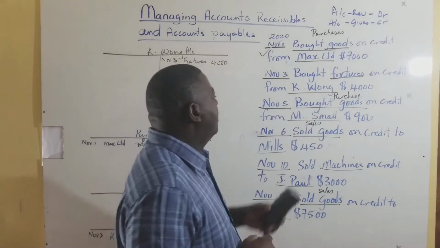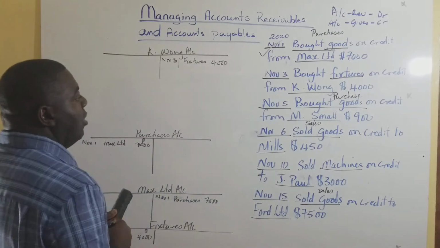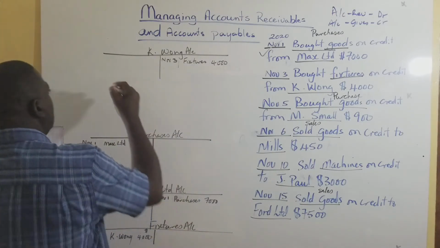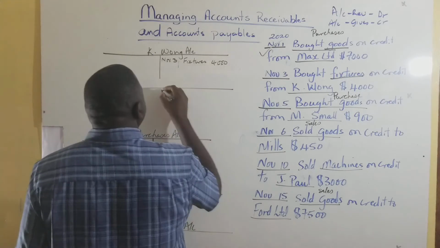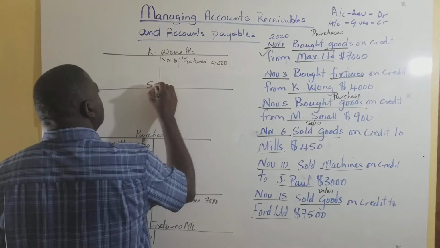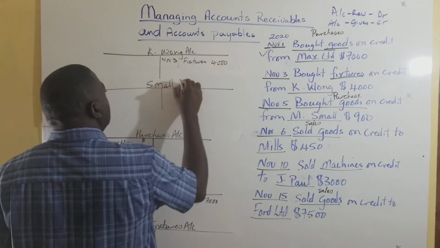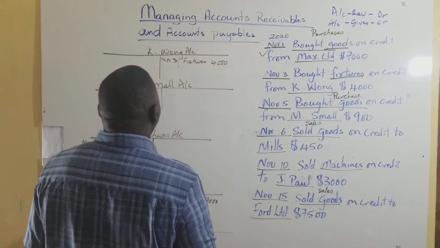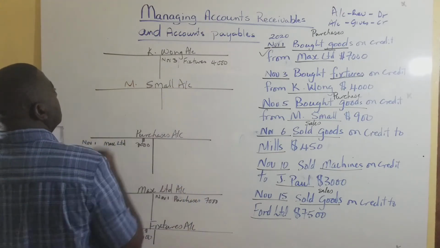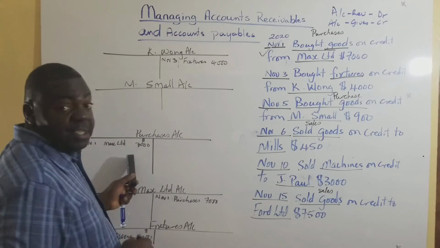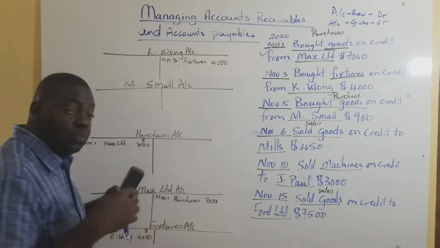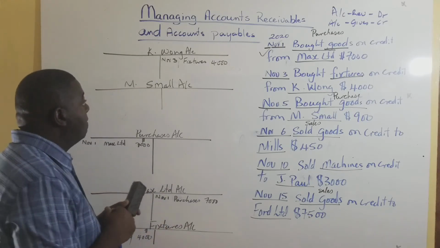Let's take the other one, which is we bought goods on credit from Small, so we need to open Small's account. All right, so M Small. Now we have a purchases account already, so we don't need to draw up another one.